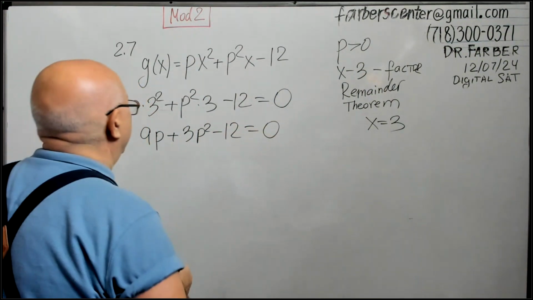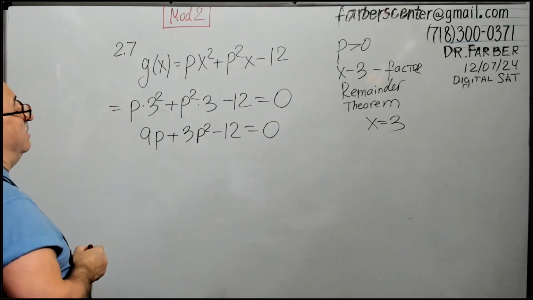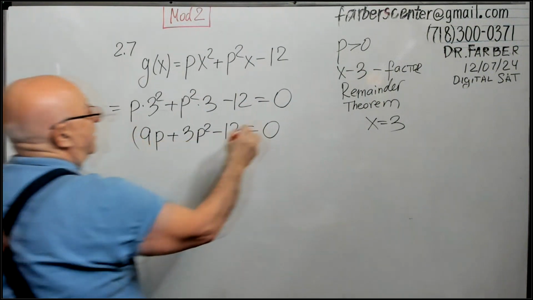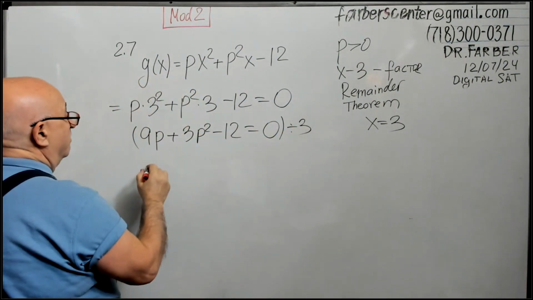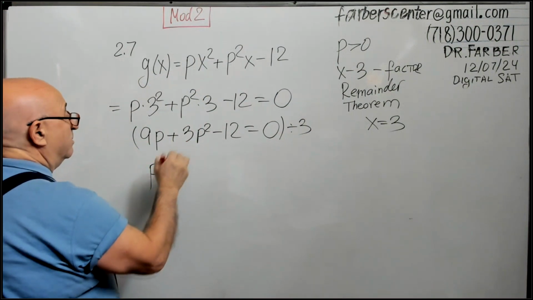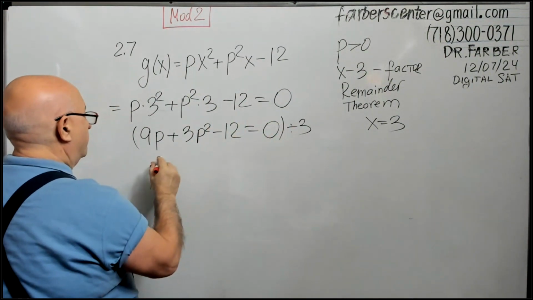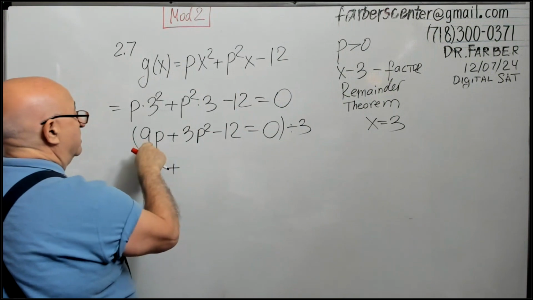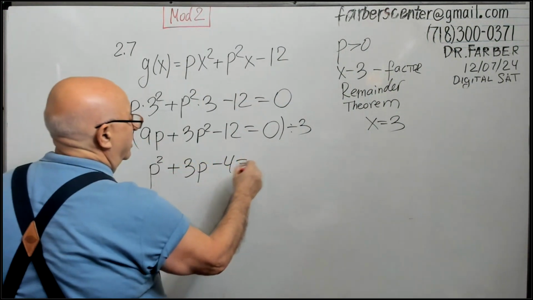Rearrange this in a convenient way, and I can simplify by 3. If I simplify by 3, what do I get? P squared, 3p squared divided by 3, plus 3p minus 4 equals 0.